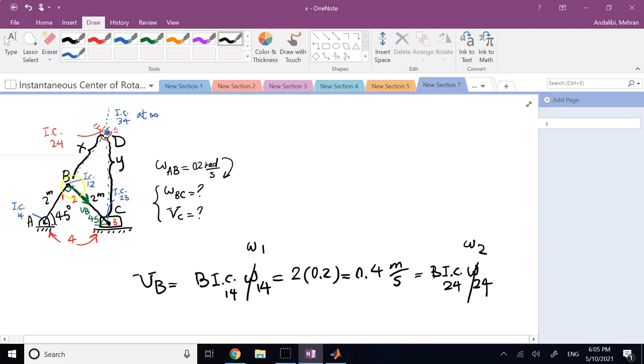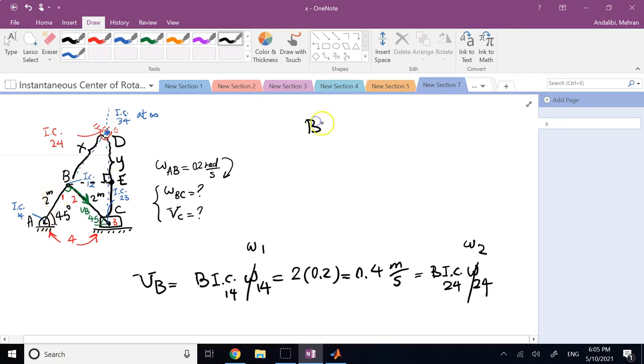And again, I can use similar triangles. All I need is to draw a perpendicular from B to CD like this, and call the intersection point E. Then I have triangle BDE and triangle DCA.